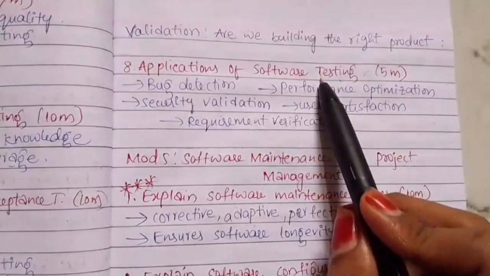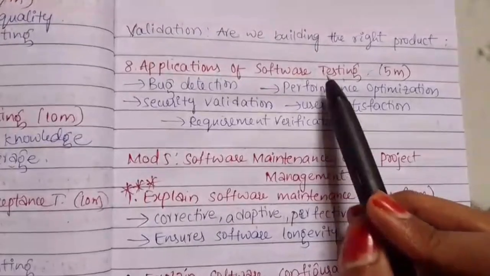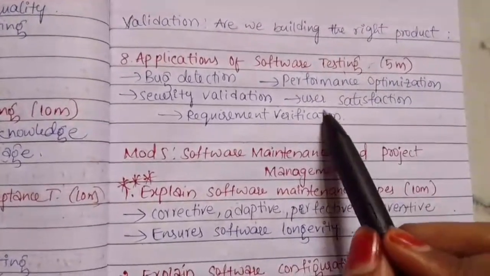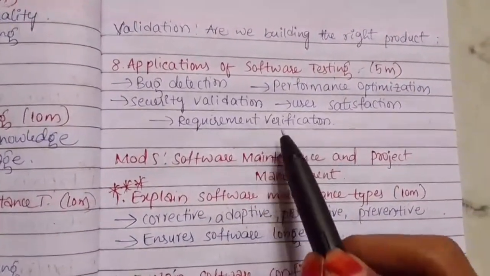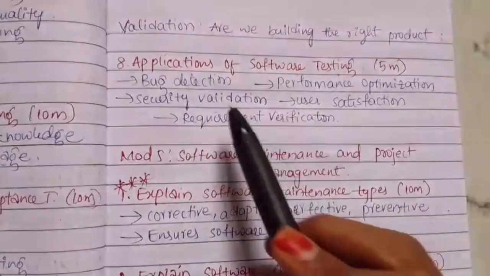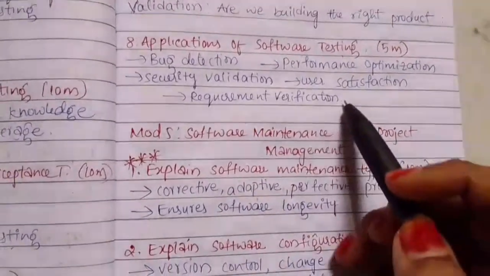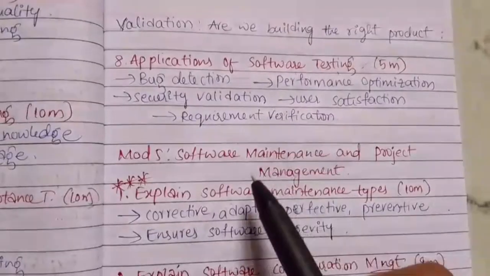When you test that particular system and all the bugs, errors are cleared, means less chances of failure. That's why user satisfaction, requirement verification. These are the applications of software testing. Asked for 5 marks.